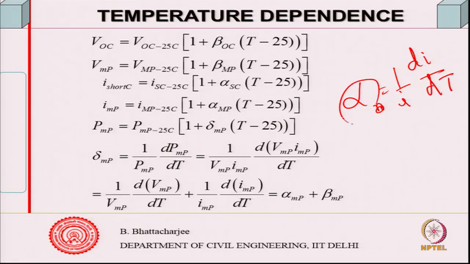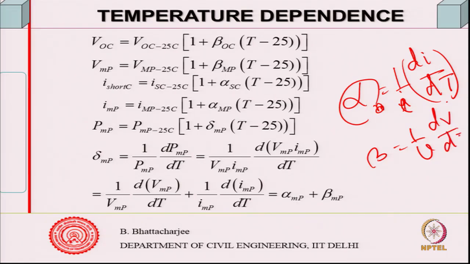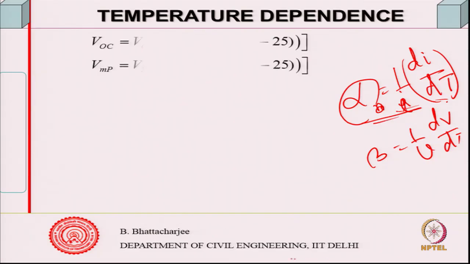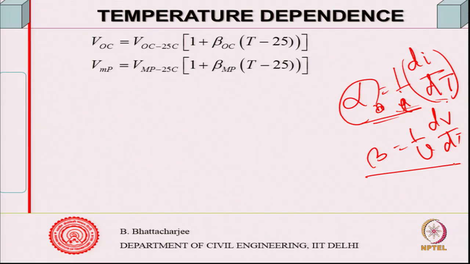So, alpha is a coefficient proportional to the rate of change of the current with temperature, divided by the current itself, that means normalized. Similarly, beta is nothing but 1 by V dV dt, and if I talk of power, then it will be similar. So, let me expand this part.